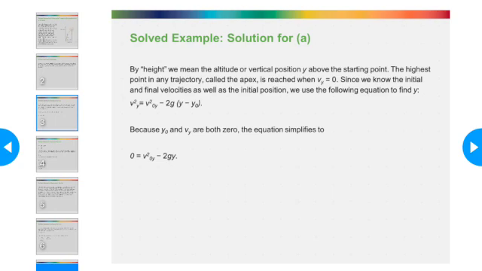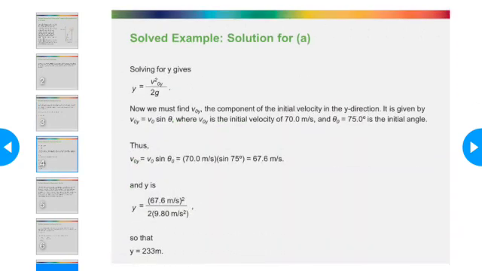So we have this one formula, and we do know some things about it because we know that it is launched at an angle of 75 degrees, and 70 meters per second is the velocity. So we need to use our sine equation for the initial velocity. Once we have that, we're good to go.